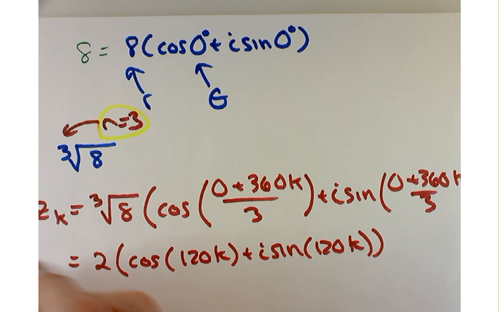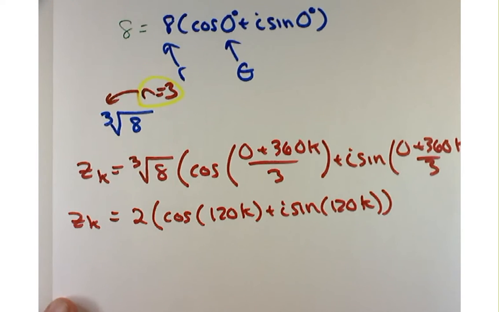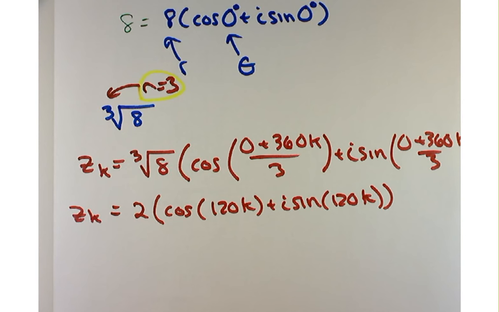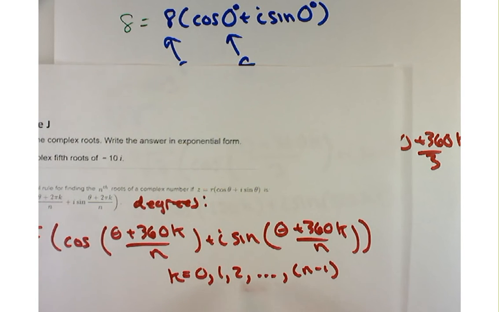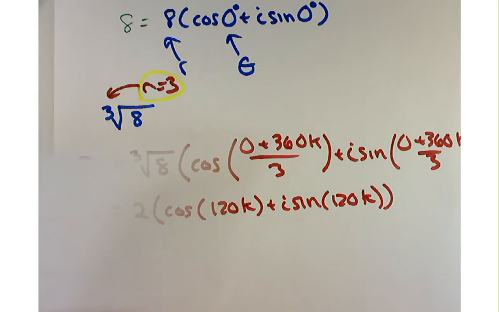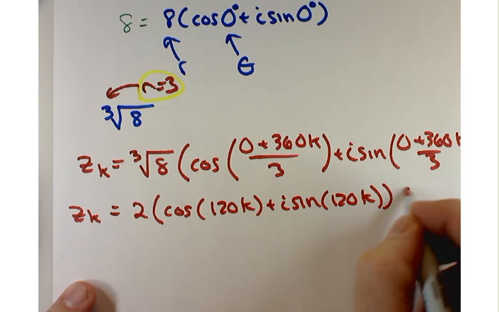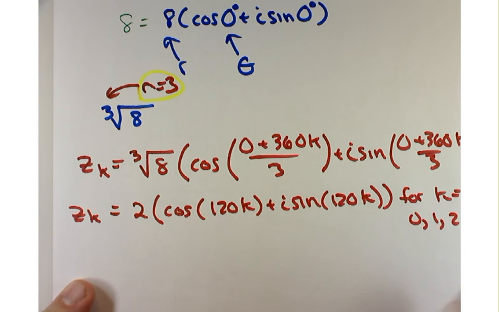And that's z sub k. Now that formula is good for k starting at 0, 1, 2, all the way up to n minus 1. Well, 3 minus 1 is 2. So for k equal 0, 1, and 2.